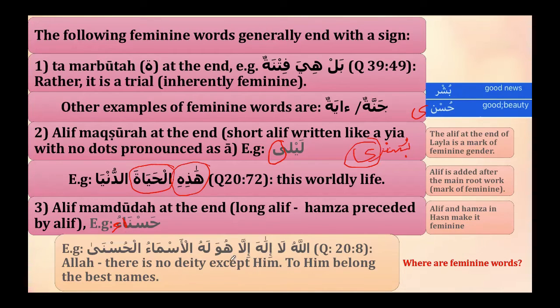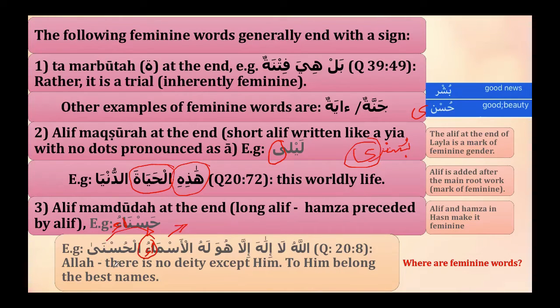Allahu la ilaha illa huwa lahul asma'ul husna. Because this is feminine, we just talked about that, because it has alif and hamza at the end, right? This is alif mamduda. Because this is a feminine word, al-husna is the adjective describing the names. That's why it has this alif maksura at the end.